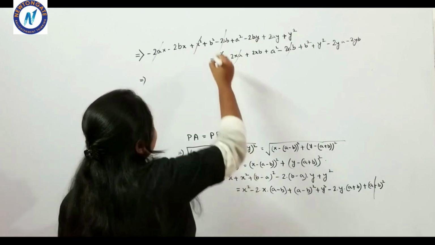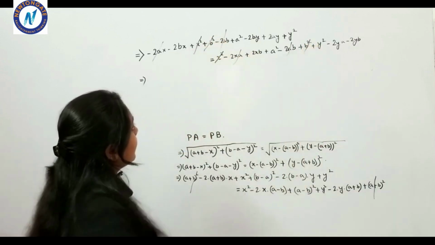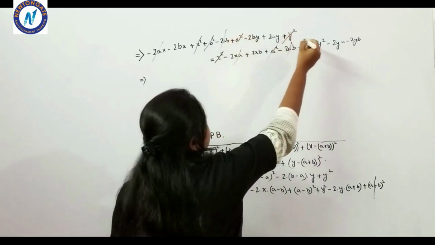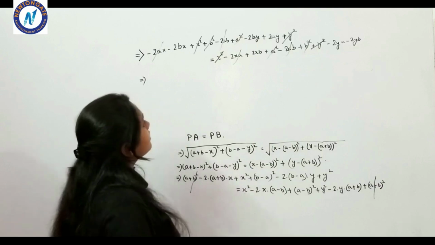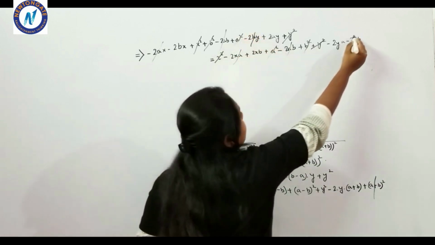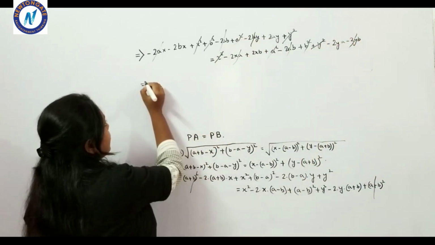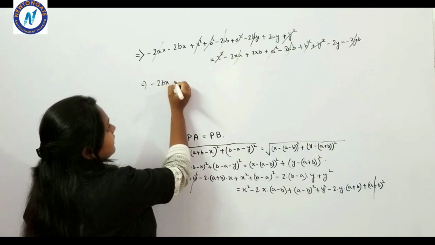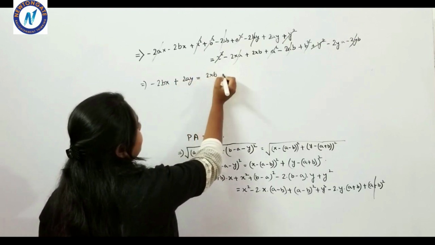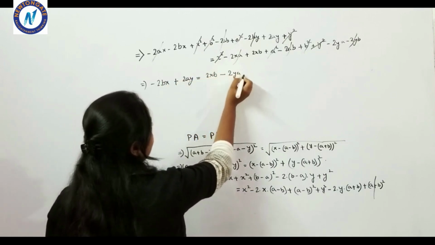Now the term 2ab cancels out, x square cancels out, b square cancels out, a square cancels out, y square cancels out. Here 2by cancels out with 2yb. Then we will get minus 2bx plus 2ay equals 2xb minus 2ya.